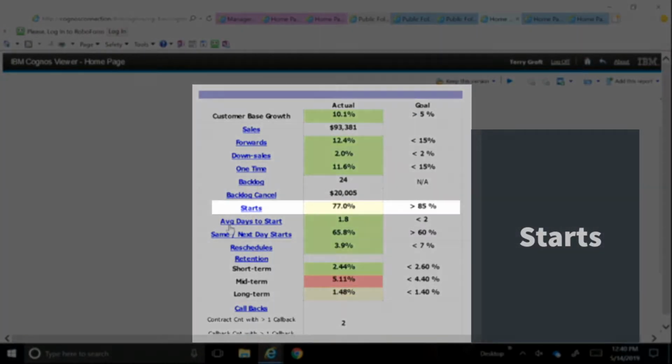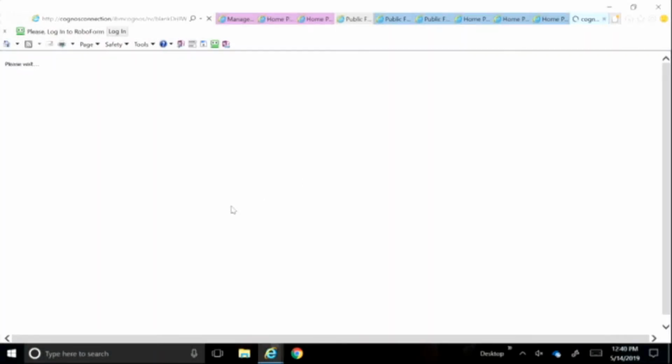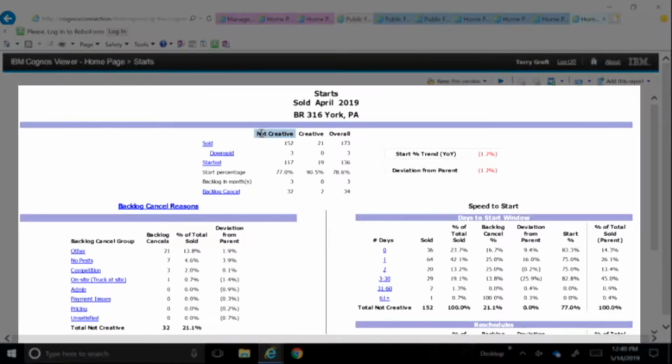So if I click on start percentage, what this does is help us to see where we're at. Start percentage in the Cognos dashboard tracks every sale that is made, in this case every residential pest control sale that is made during the month of April, and then it tracks to see what happened to them.